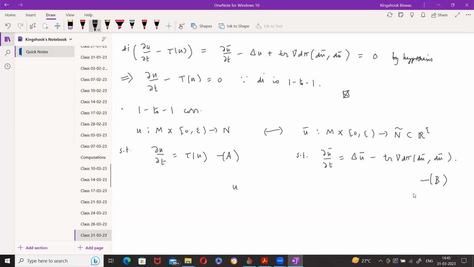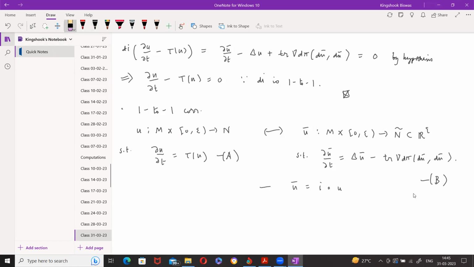The correspondence is u goes to u bar, which is i composed with u. Okay? I mean, here the one thing I should say, the u bar such that at time 0, it takes value in i of n. Okay, so maybe I should say that.